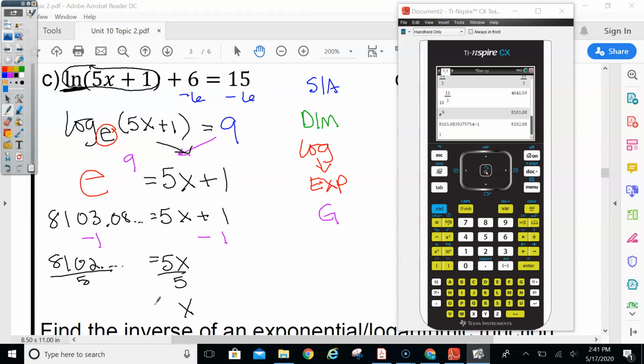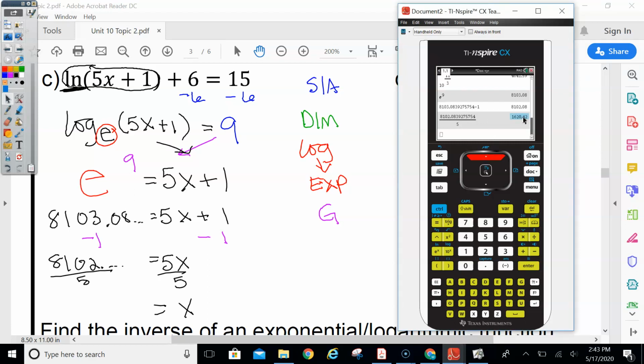So x is... okay, so I divided by 5 and I got this decimal, but this is rounding it.